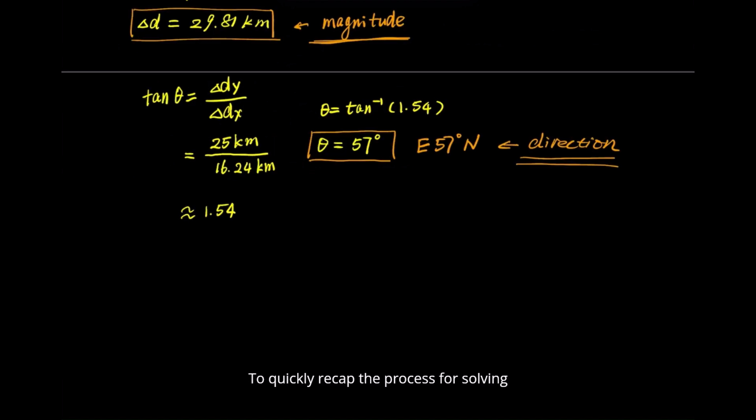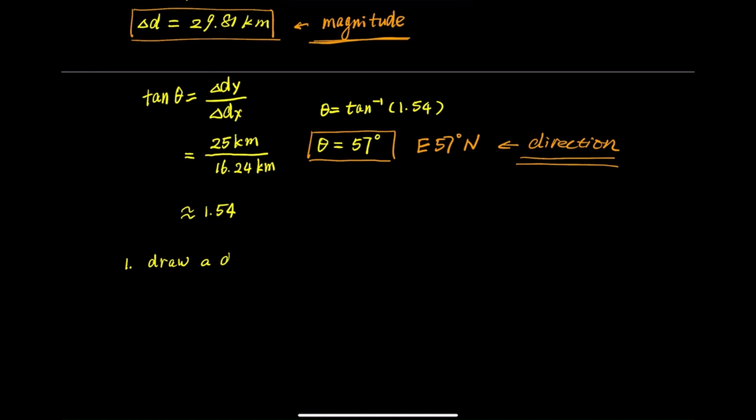To quickly recap the process for solving this type of problem, we follow these 5 key steps. In the first step, we draw the diagram. We begin by sketching a diagram to visualize each of the individual displacement vectors as well as the final displacement vector. And then we break down vectors.